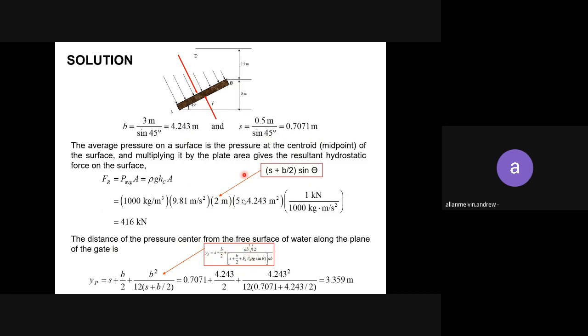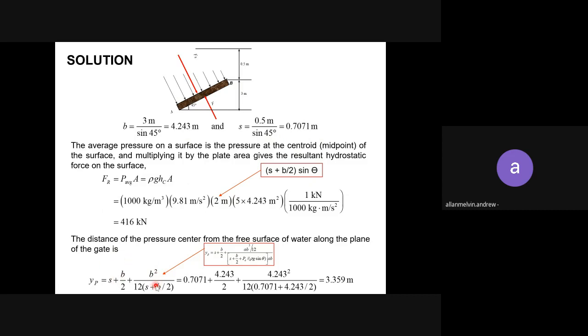B is the submerged body. So A is the width. So width is 5 and B is 4.243 cube over 12. This is the same. So P0 over rho G is, so you solve this, you will get this formula.